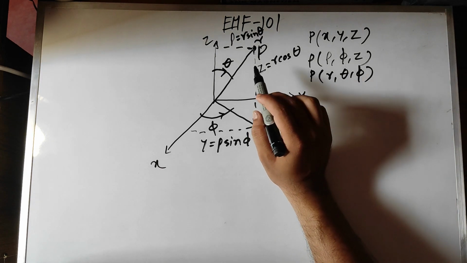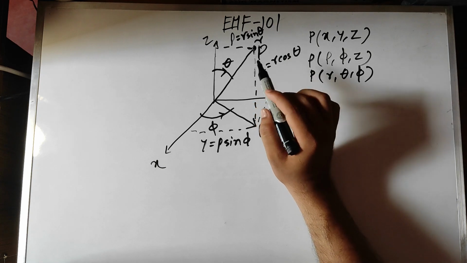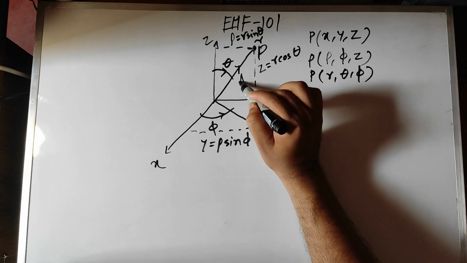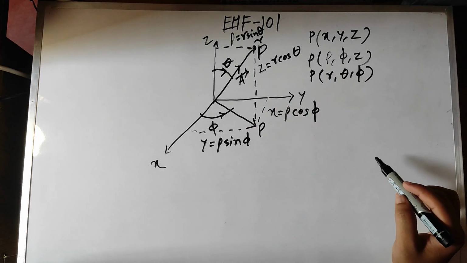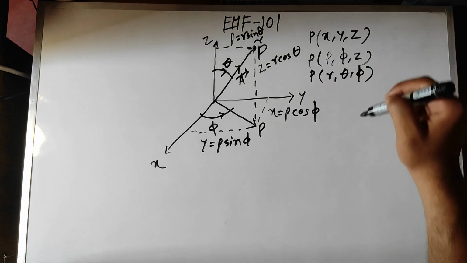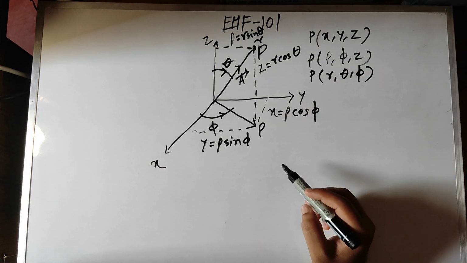Say the point makes a vector A with the origin. So how can we define A in the three orthogonal coordinate systems?